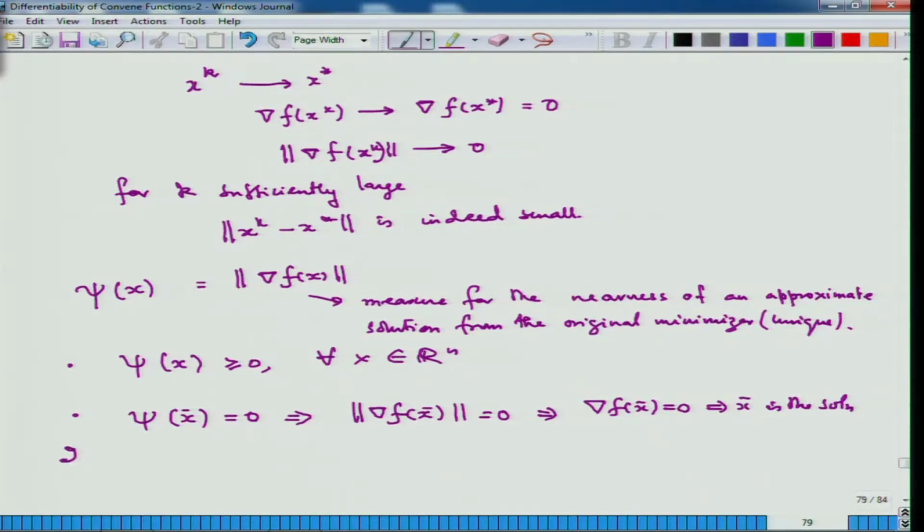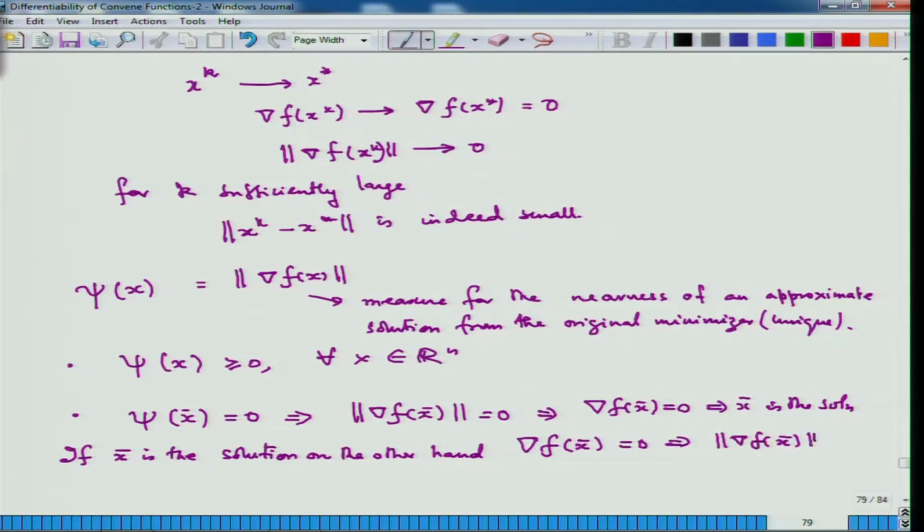On the other hand, if x bar is a solution, then you always have grad f of x bar equal to 0, and this would immediately imply that norm of grad f of x bar is equal to 0, and that would imply that phi of x bar is equal to 0.